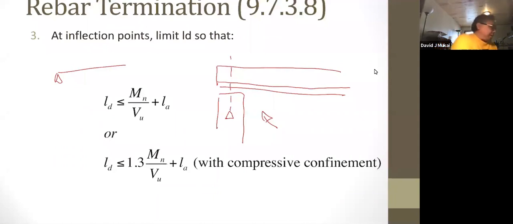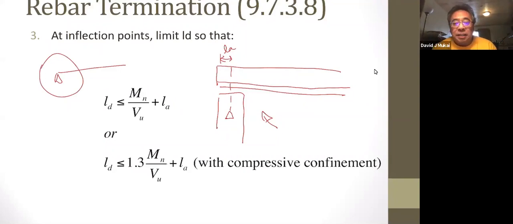First of all, this distance here is the additional length past the support. It could be like 8 inches past the middle of that column. So that's the extra length that you get to put in here.